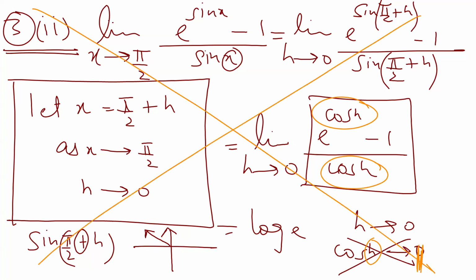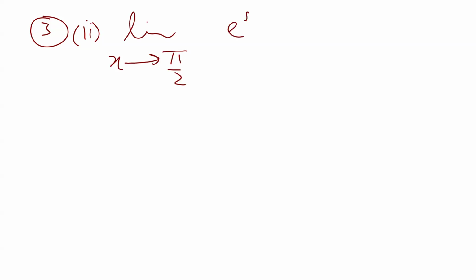So yes, that was a loss of concentration from my mind. Sorry. It was very simple and I did not realize it. E raised to sin x minus 1 upon sin x.